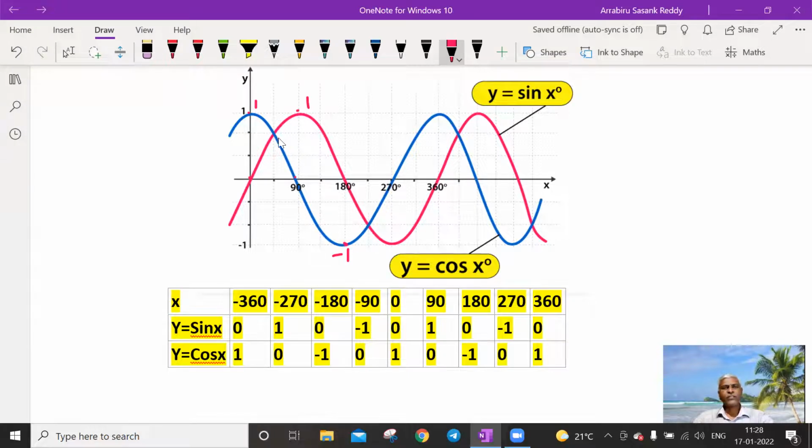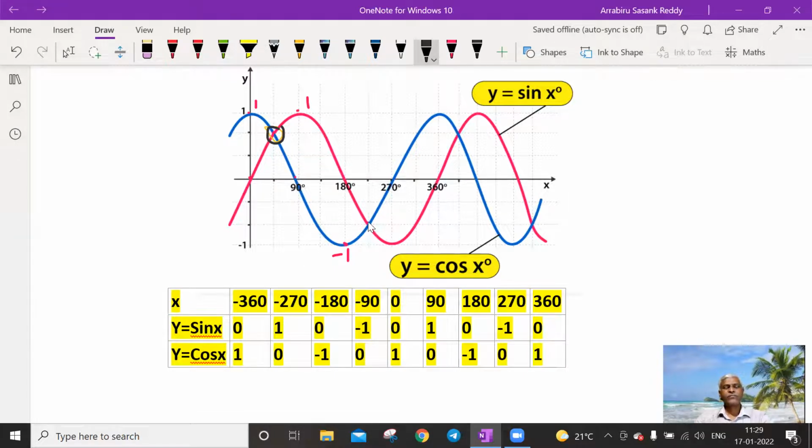Both values are intersecting. You can guess this is 45 degrees. Sine 45 and cos 45 are both the same, at 1 by root 2. So you can note this point. Sin and cos 45 values are the same at this intersecting point, 45 degrees.